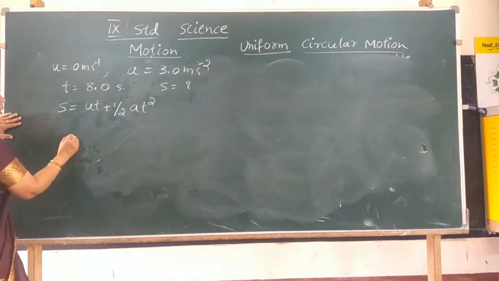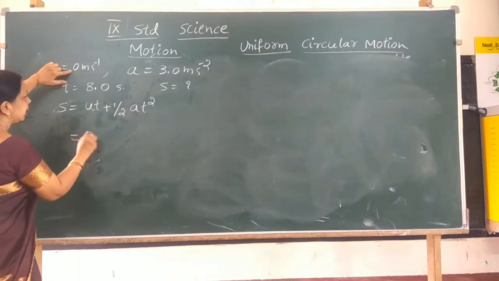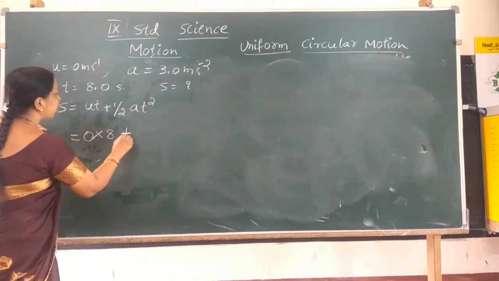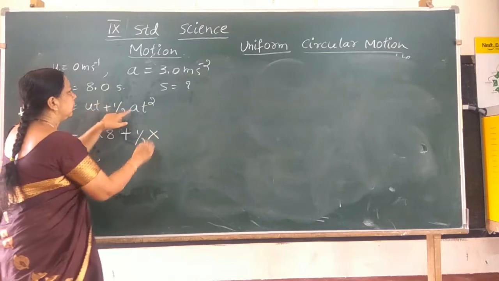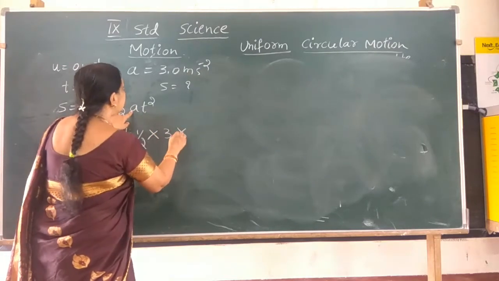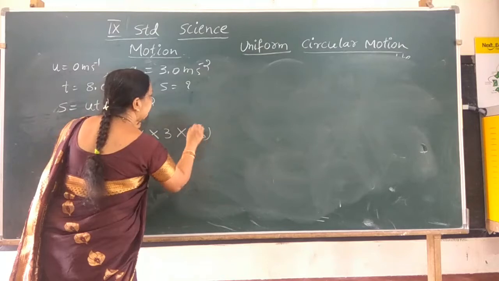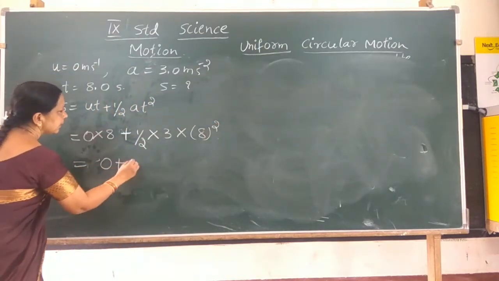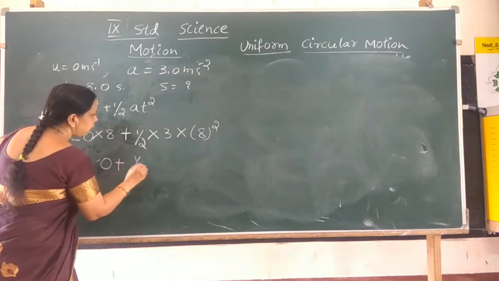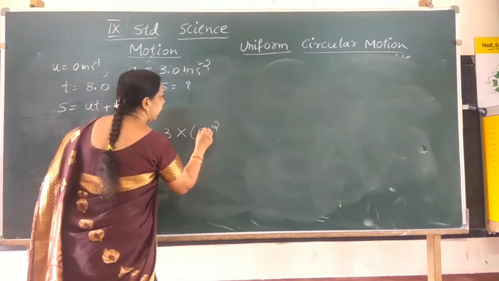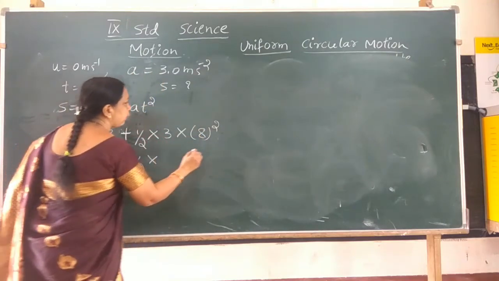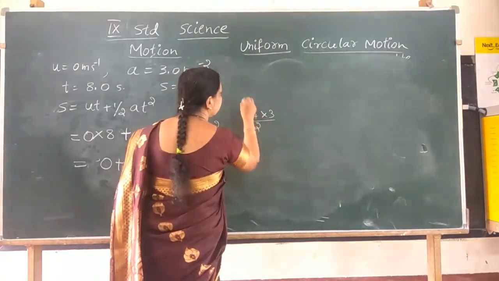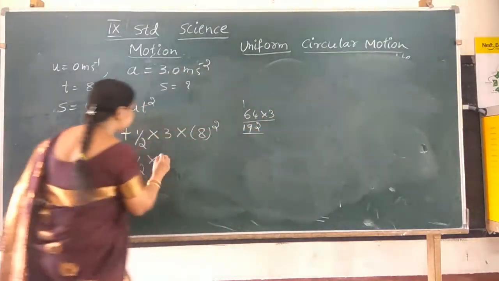Now, let us substitute. S is equal to u is 0 into t is 8, plus half into a is 3 into t square, time is 8 square. Now, this is 0 plus half into 8 into 8, 64. 64 into 3, 192.